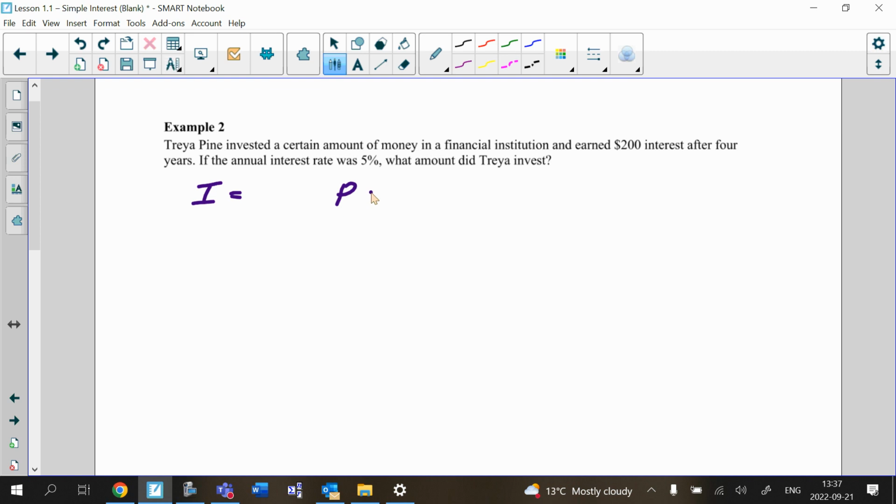Yes, $200. Are we given the principal? She invested a certain amount of money. What amount did she invest? So it's the principal we don't know. We don't know how much she invested. So the principal, that's what we're trying to figure out.